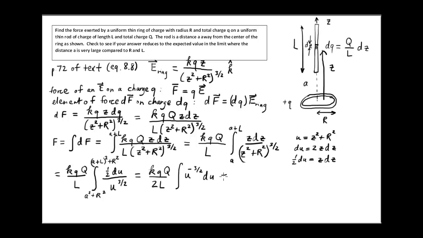So that becomes k q over 2l, and this, I believe, is going to give me minus 2 times the quantity u to the minus 1/2. If I've done that right, and I'll just check that mentally, if I differentiate what's inside the parentheses, I'll get a negative 1/2, which will cancel the minus 2, and then I'll get u to the minus 3/2, which is exactly what I want.